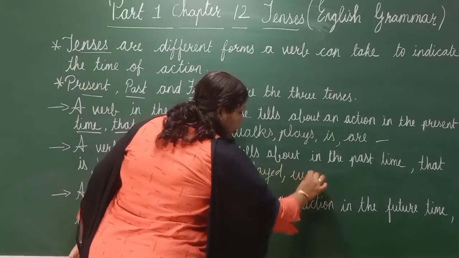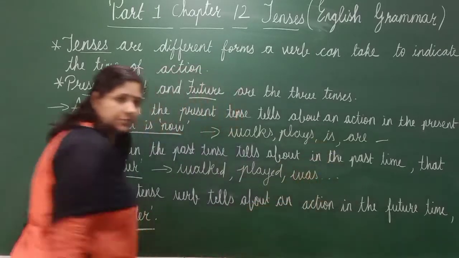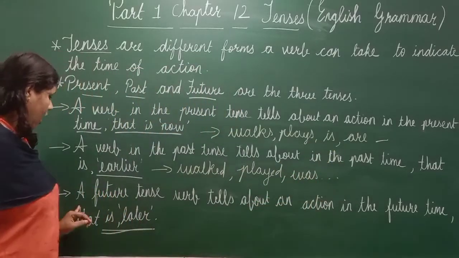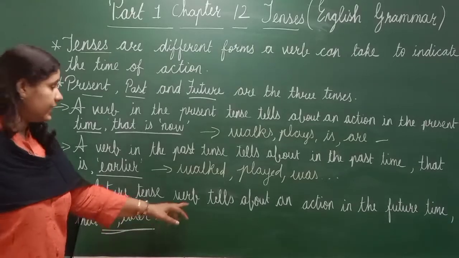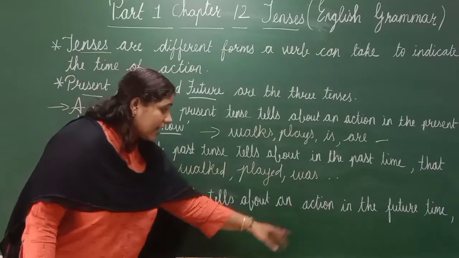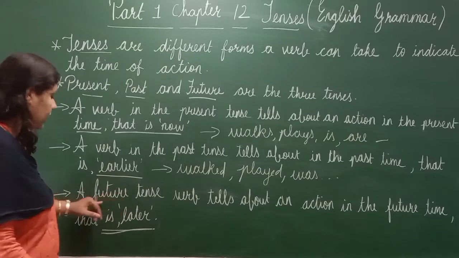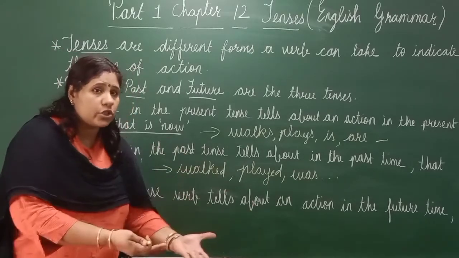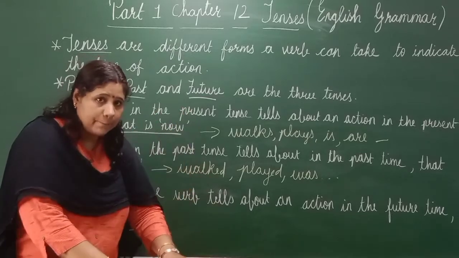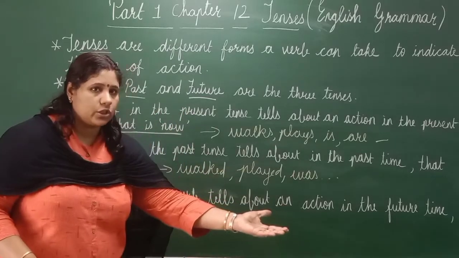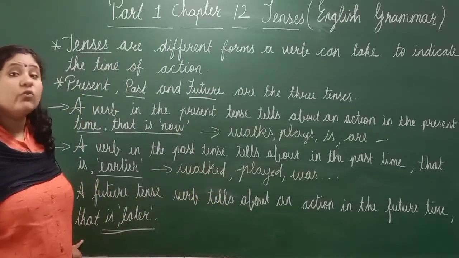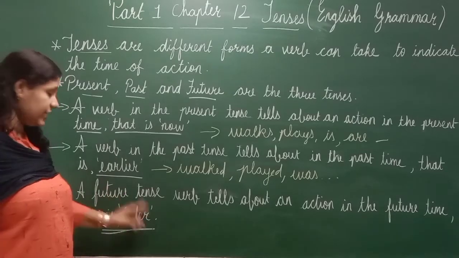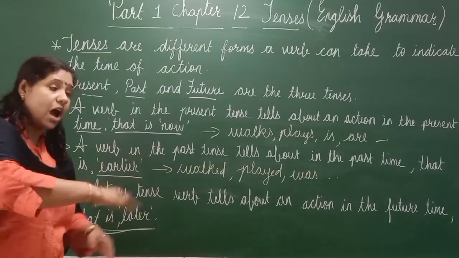Or was, etc. Next, a future tense verb tells about an action in the future. The word itself, future, means that it's going to happen in future. It has not yet happened but is going to happen in future. So such kind of verbs are known as future tense, that is later, afterwards.